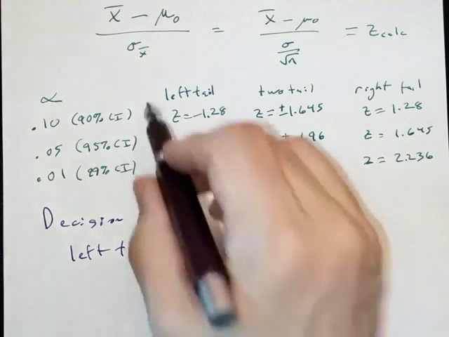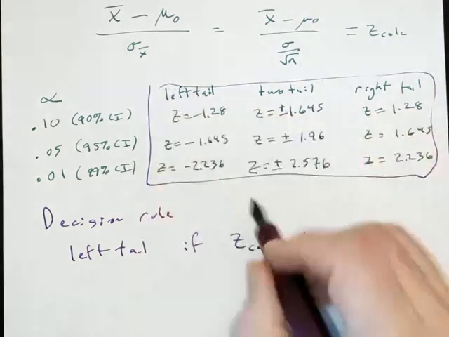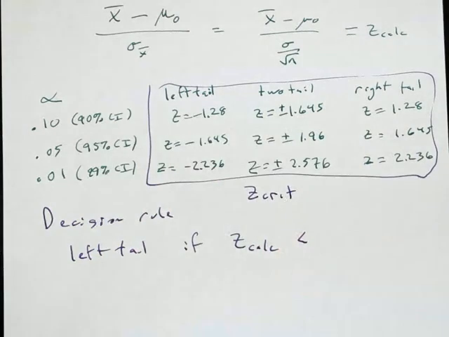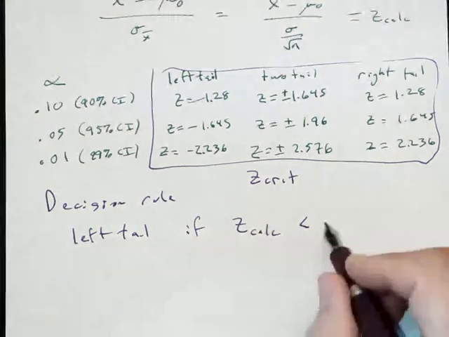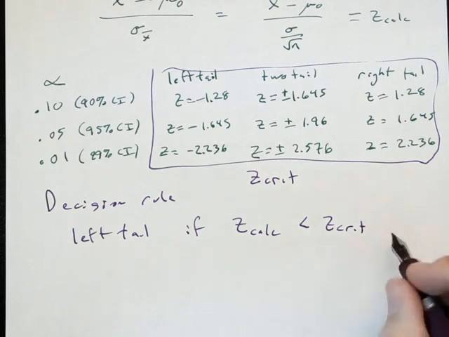I'm going to call these numbers in the table critical values. So I'm going to write Z crit. That's my decision-making number. The critical number is the boundary between the two regions. So if my calculated number is too small for a left tail, reject.